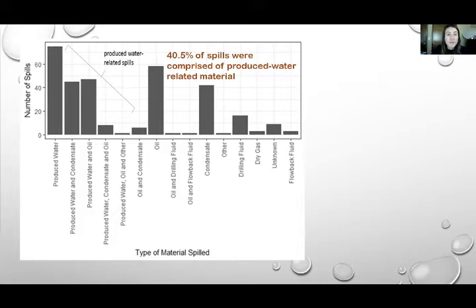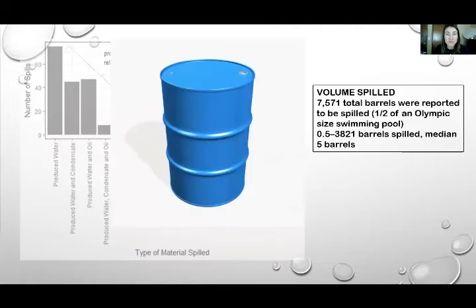And so you can see all of the different types of materials spilled, and on the x-axis and on the y-axis, we have the number of spills. And so you can see about 40% of spills were comprised of produced water related materials. So just shy of half is related to produced water.